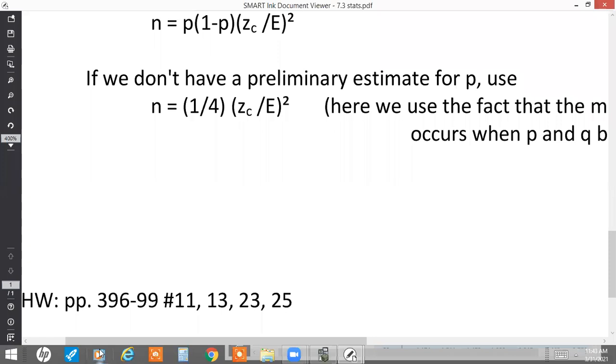Actually, I said look at examples. Give me just a sec. Let's do problem number 10 on page 396.